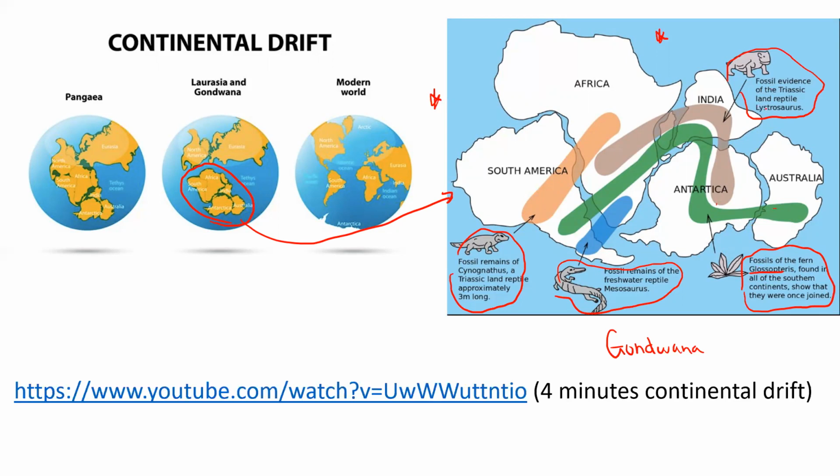Whereas Lystrosaurus was on Antarctica, India, and Africa. So we'd say that this would be the oldest species. It was on all the continents, whereas the Mesosaurus shared it just with these two regions right here.